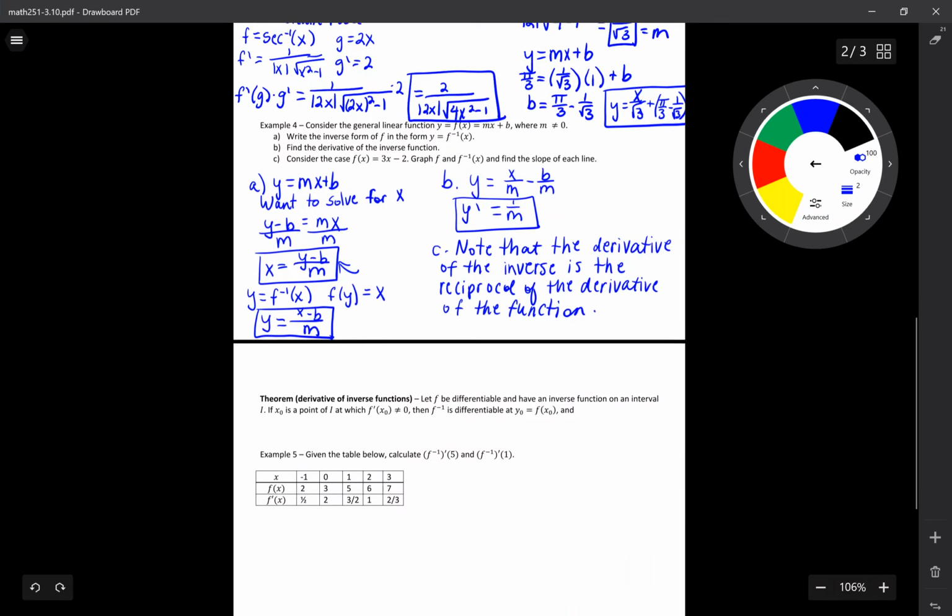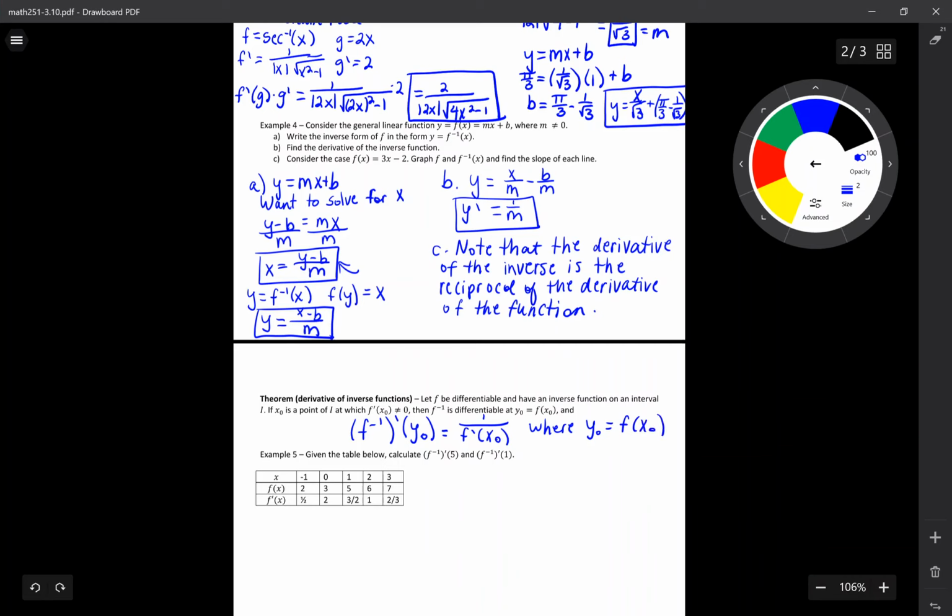Let f be differentiable and have an inverse function on the interval I. If x naught is a point of this interval at which the derivative at that point is non-zero, then f inverse is differentiable at y naught equals f of x naught, and we have f inverse prime at y naught is equal to 1 over f prime of x naught, where y naught is equal to f of x naught.